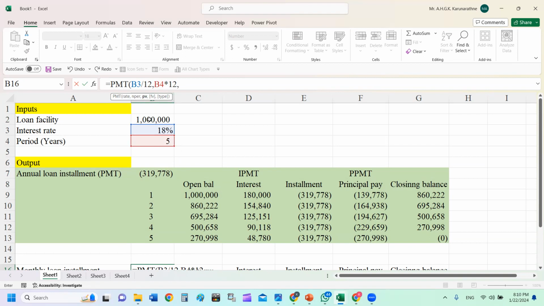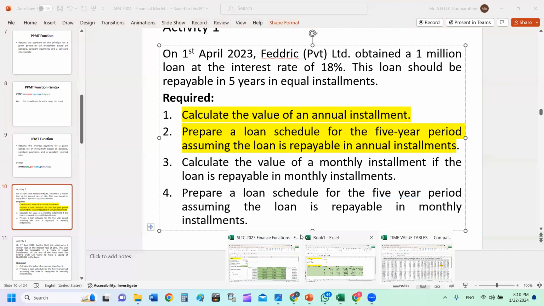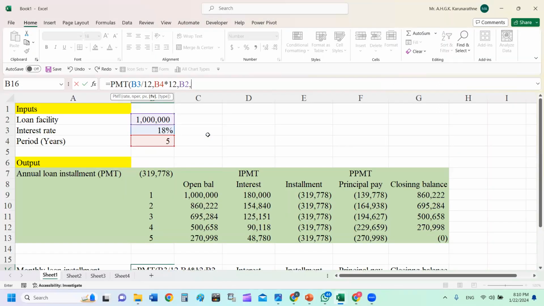PV is the loan, what you borrow today, it won't change. PV is this much. Comma. Future value. You don't need to make any saving. Look at the requirement. No, we don't need to make any saving, right? So accordingly, no saving.